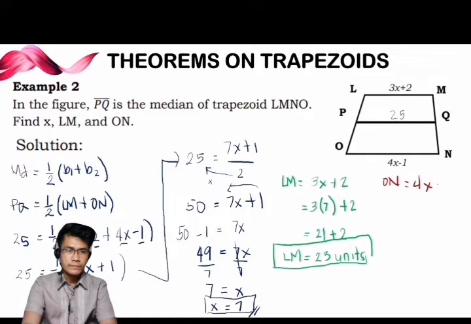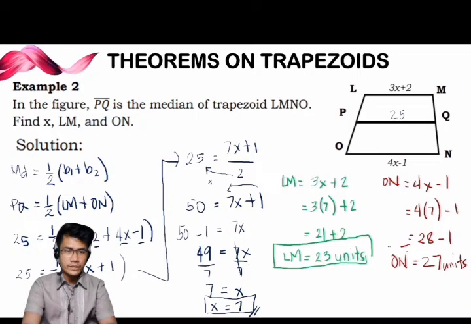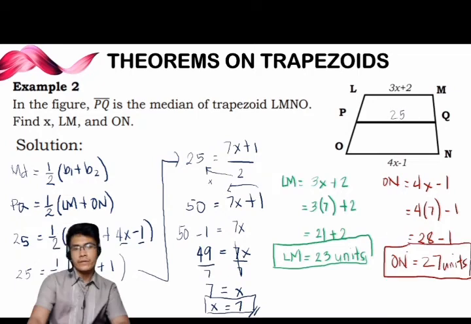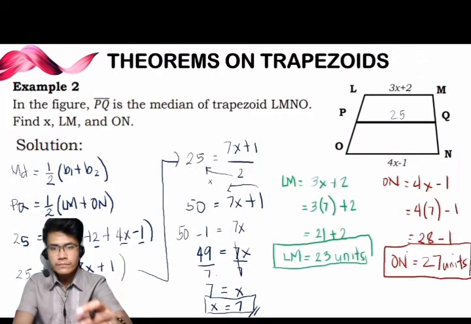So magiging 4 times 7 minus 1. 4 times 7 is 28. 28 minus 1, that's 27. 27 units. Okay, so that will be the measure of side ON. 27 units. Alright? So class, we already found all the answers. Now, we're done with example number 2.